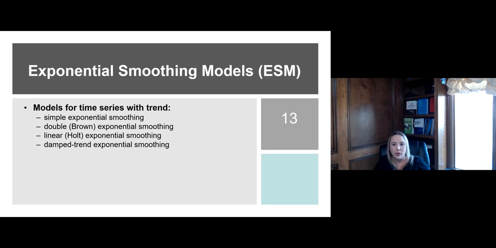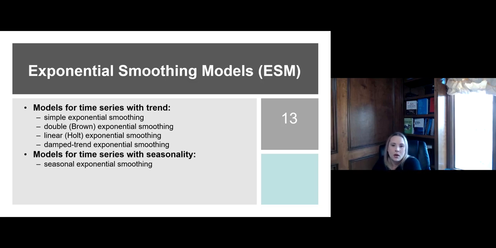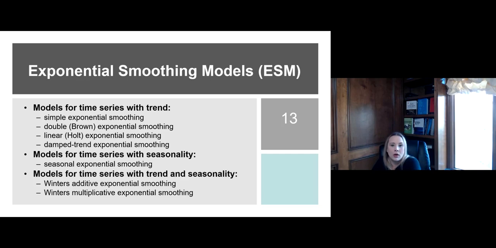So these are all different ways of applying these different types of models. For time series that have seasonality, you can use seasonal exponential smoothing. For time series with trend and seasonality, you can use Winters' additive exponential smoothing or Winters' multiplicative exponential smoothing.